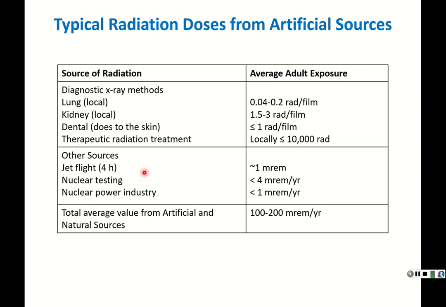Nuclear testing, it's estimated that you get somewhat less than 4 millirem per year from previous nuclear testing on the planet. So the total average value from artificial and natural sources adds up to about 100 to 200 millirem per year.